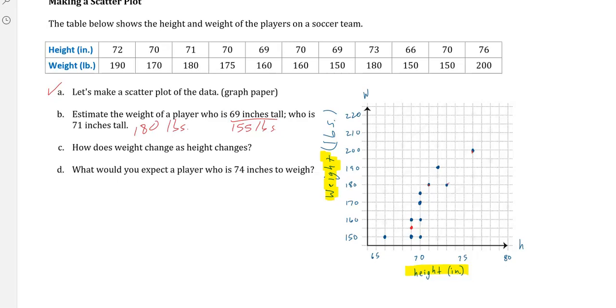If we connect a line between those two and go to where 74 is, we could fairly safely assume that a person who is 74 inches tall would weigh about 185 pounds, because that's where that line crosses our graph. That sounds reasonable.